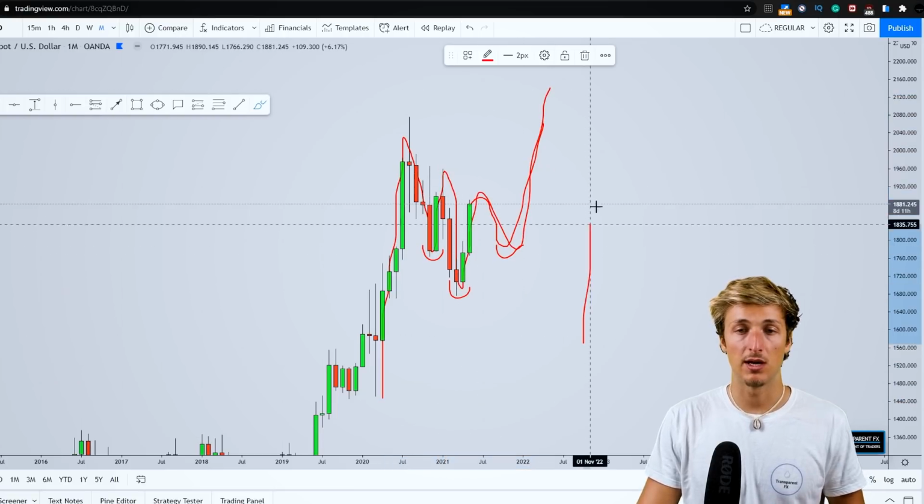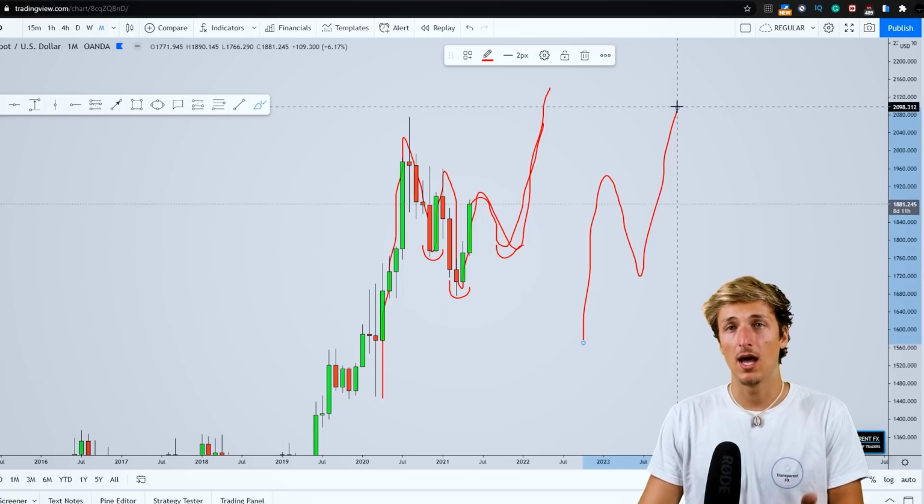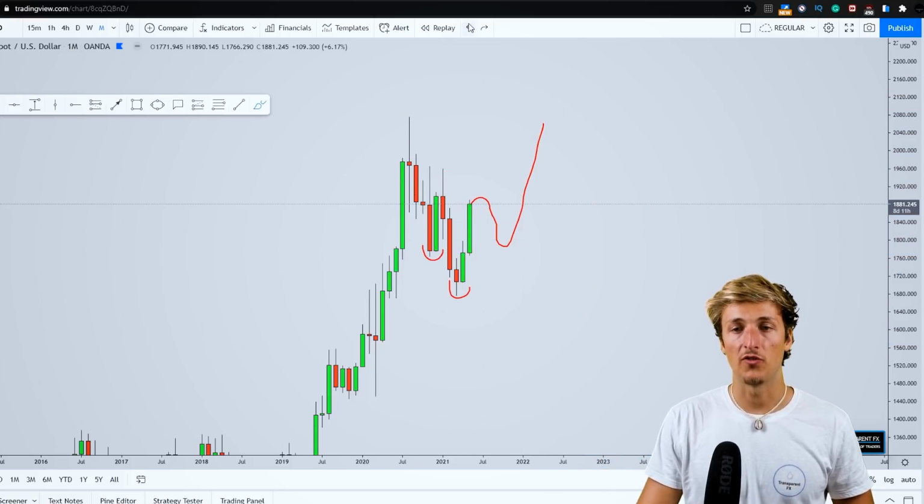Overall, in the market, after an impulse and a correction, you do expect a continuation to the upside and creation of a higher high.